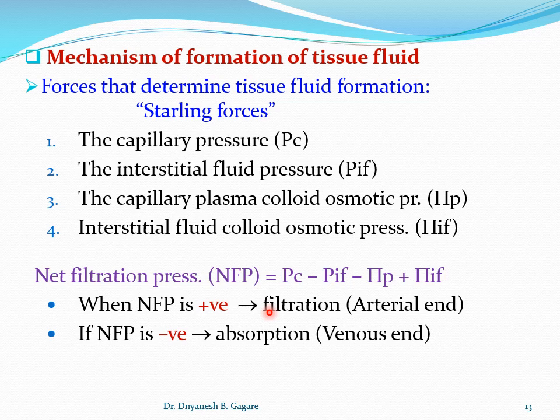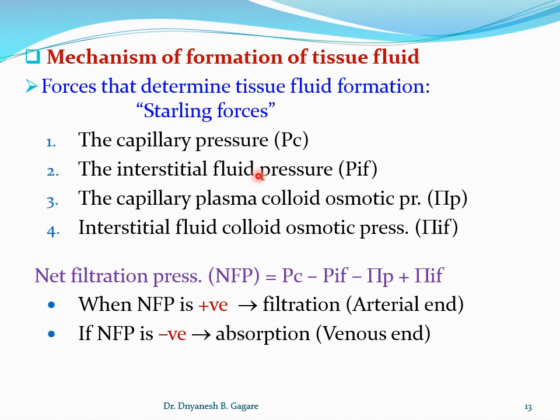There are four Starling forces. First is the capillary pressure, that is the hydrostatic pressure in the vessel, the capillary. Second force is the interstitial fluid pressure, that is the pressure in the interstitium, outside the capillary.